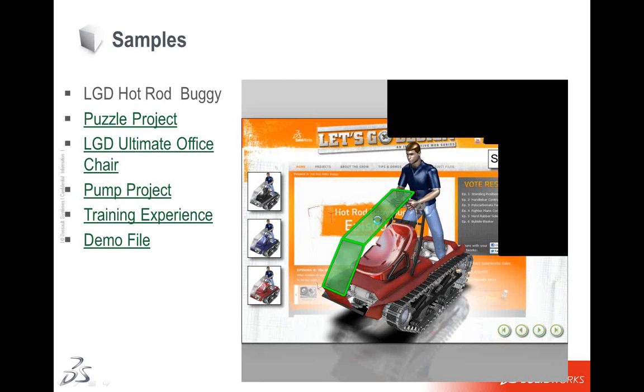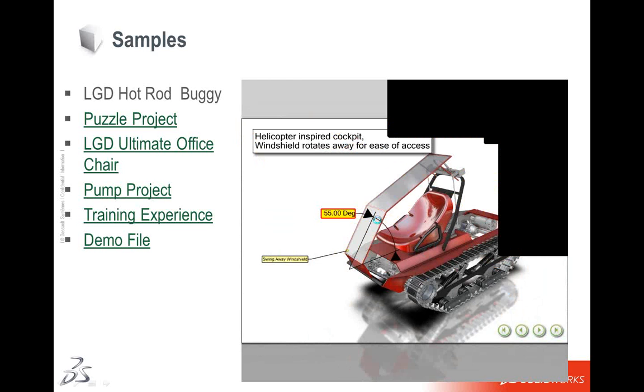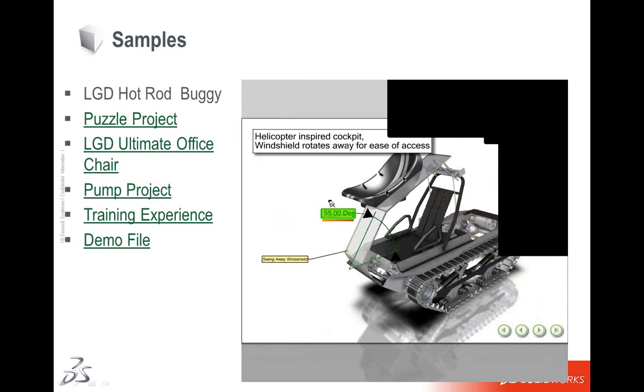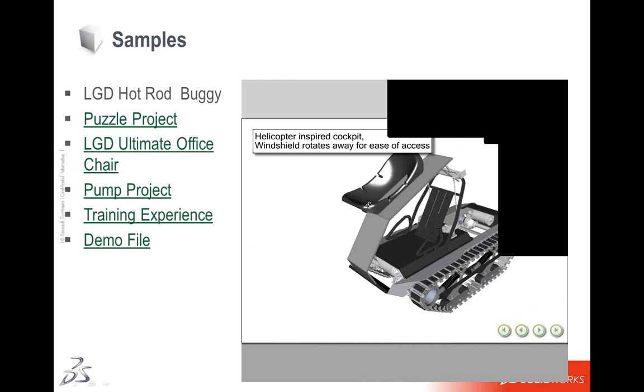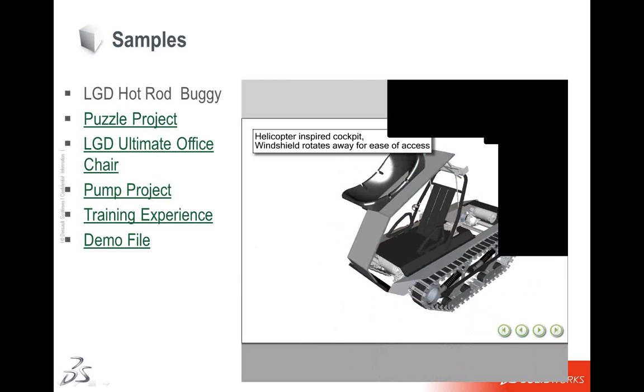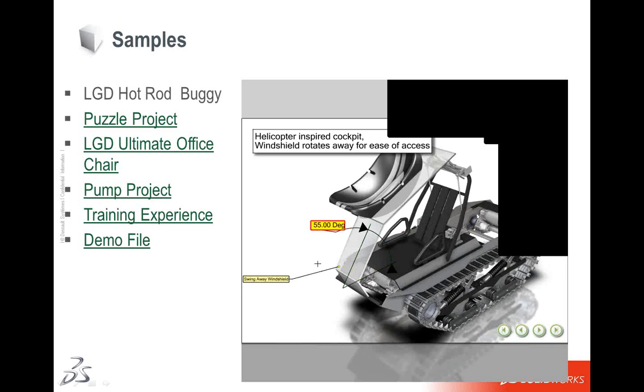For example, I click on this. The original is 55 degrees. The user can zoom in, zoom out, and rotate.